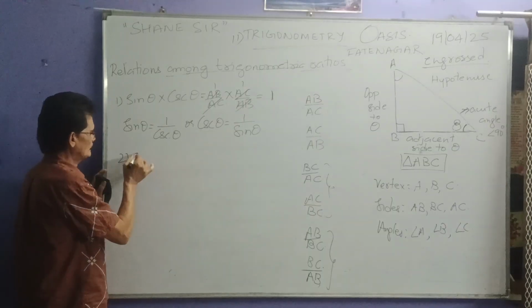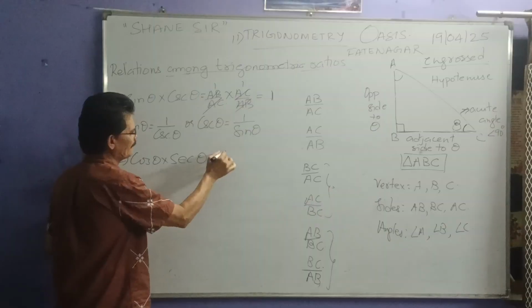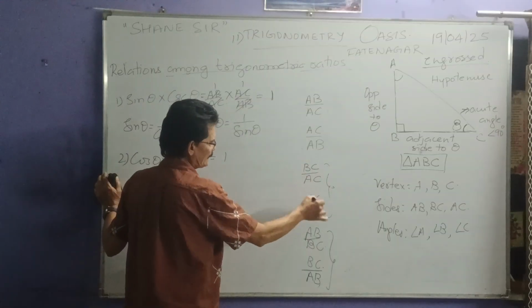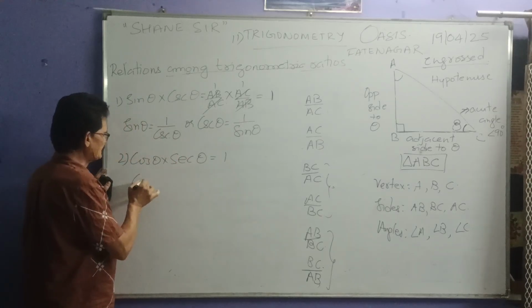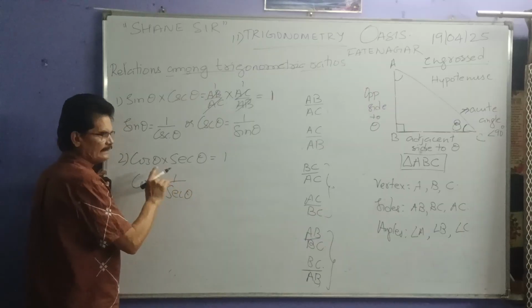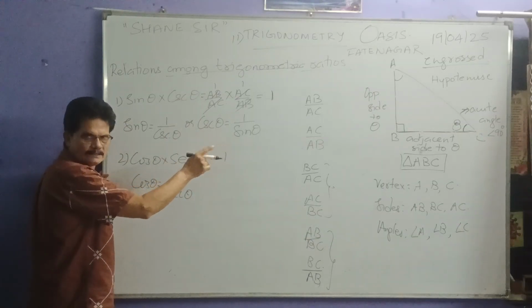Next, the same: cos theta into sec theta is equal to 1 again. BC BC cancel, AC AC cancel, 1 comes. Then cos theta is equal to 1 by sec theta. Sec theta transposed to the other side, into becomes by.